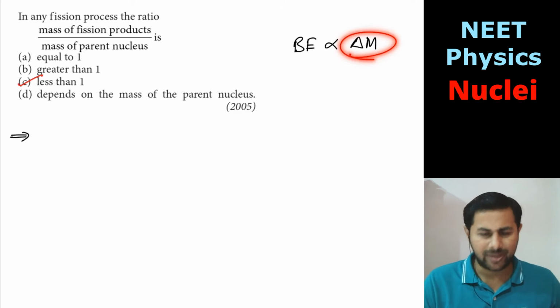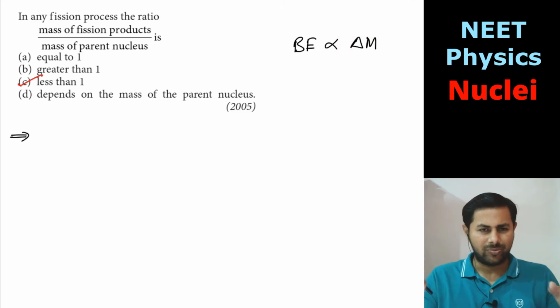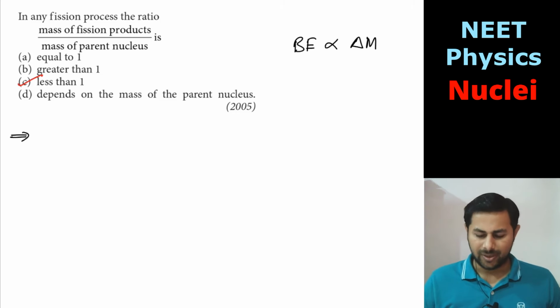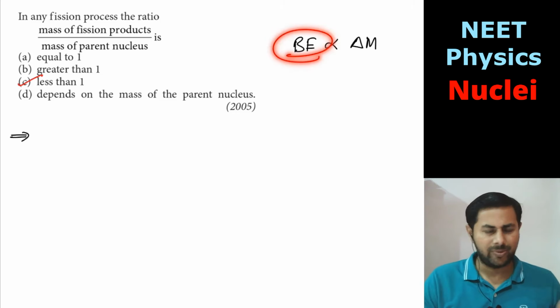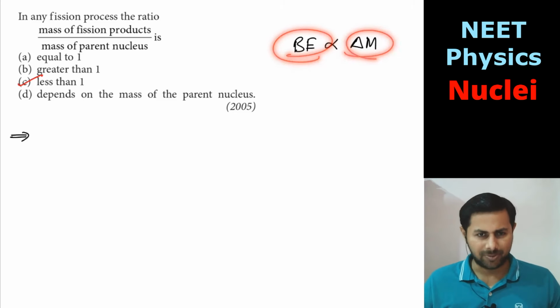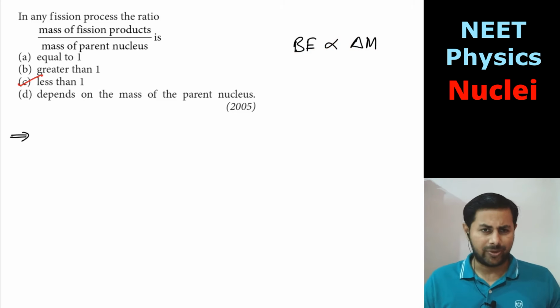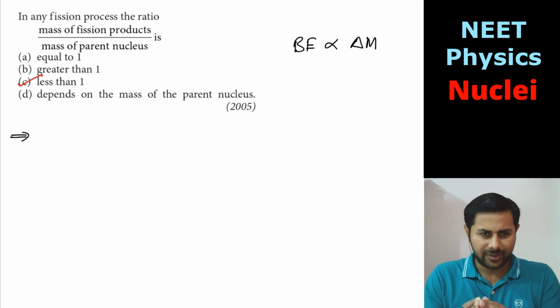And what is mass defect? Compared to free nucleons, how much less is the mass of the nucleus, that is the mass defect. So binding energy would be more if mass defect is more. Mass defect would be more if mass of nucleus is less, right?